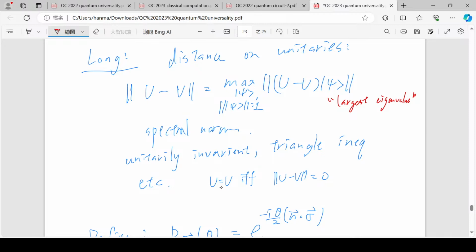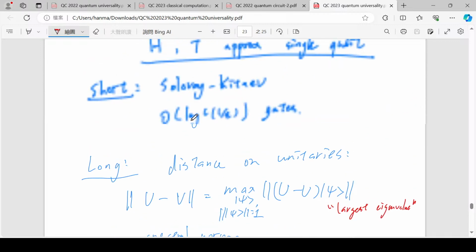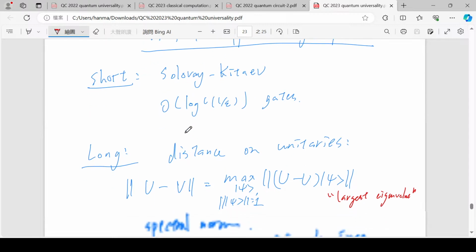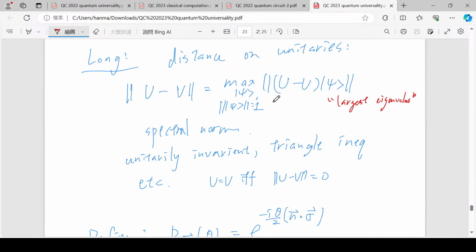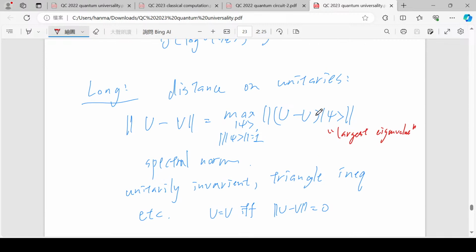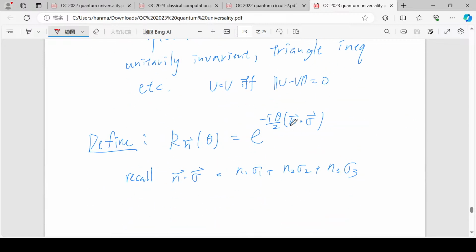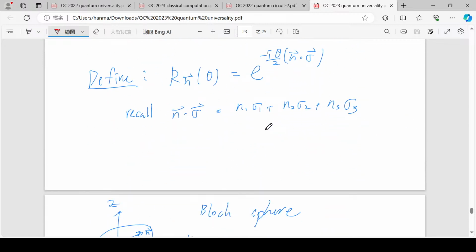And also, I guess the most important thing is that two matrices are equal to each other, so U equals V, if and only if the norm equals 0. So it looks like a norm. Then obviously you can choose many different norms as your distance, and I guess there are some arguments to say the spectral norm is the correct one. Let's skip that. Anyway, let's go back to our budget Solovay-Kitaev.